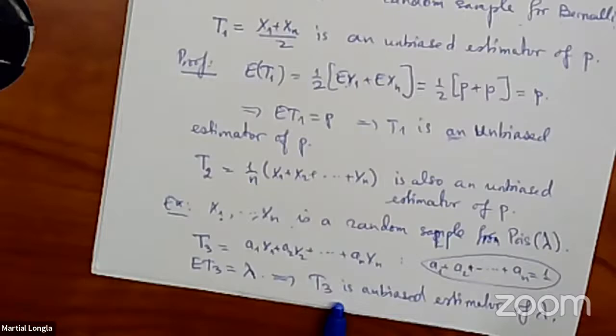So if I have a sample that I already got, for what value of my parameter is my data the most likely?